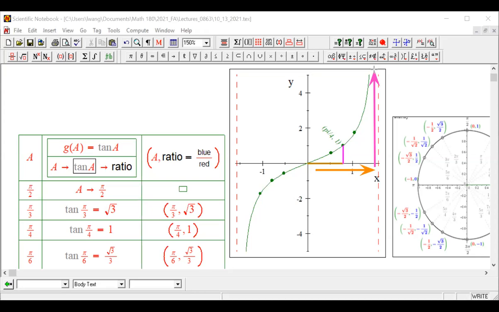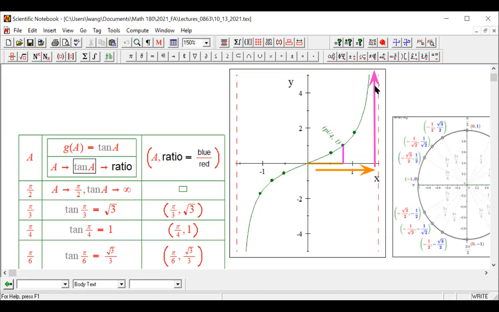We did those exercises in previous sections, so I'm not going to go into those details. When the angle approaches pi over 2, getting infinitely close to pi over 2 but never touching it, the orange ratio, which is the tangent of A, approaches positive infinity.